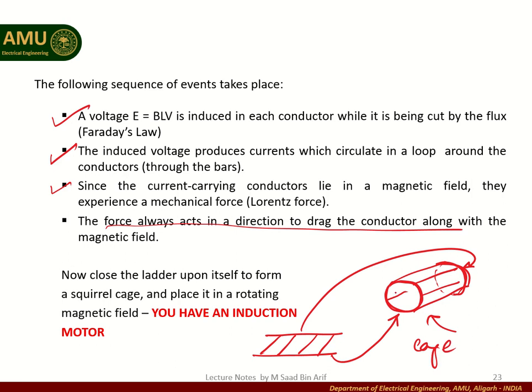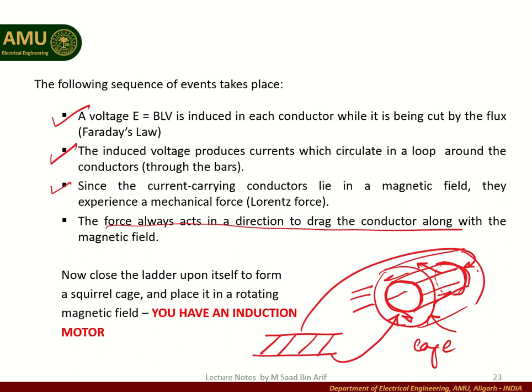Now if we place this ladder in a magnetic field that is rotating in nature, meaning there is a velocity of that magnetic field, if we have a magnetic field produced by the stator windings, and we place this ladder type of structure, again the force will be exerted on the conductors.